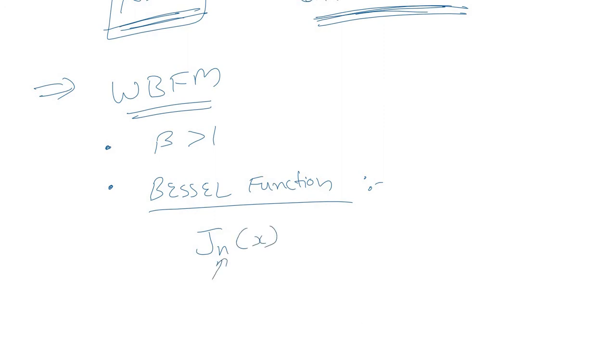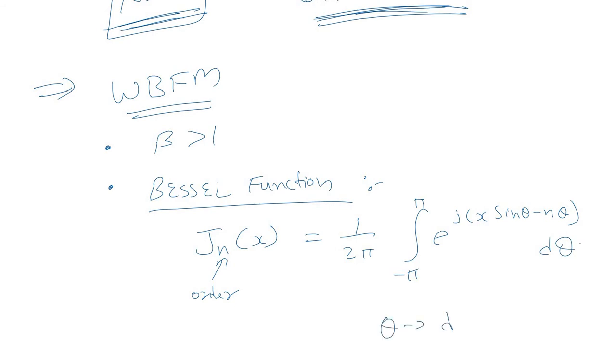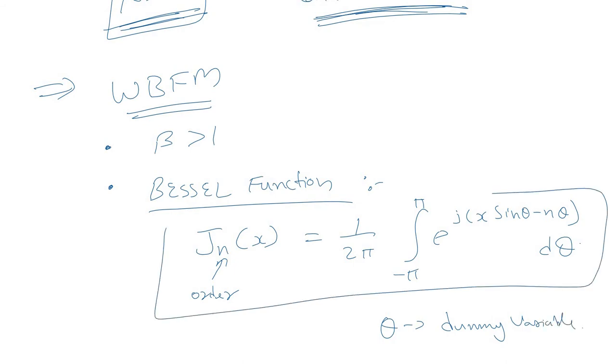Here n represents the order of the Bessel function, and its mathematical expression is 1 upon 2 pi times the integration from minus pi to pi of e raised to the power j(x sin theta minus n theta) d theta, where theta is a dummy variable. So this is the mathematical expression of the Bessel function.